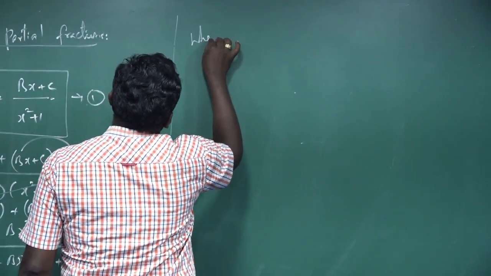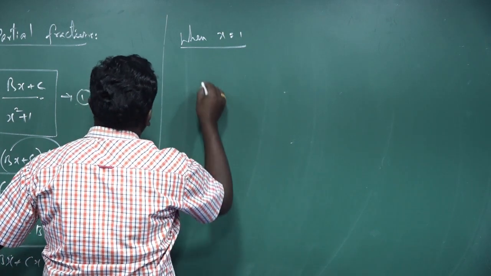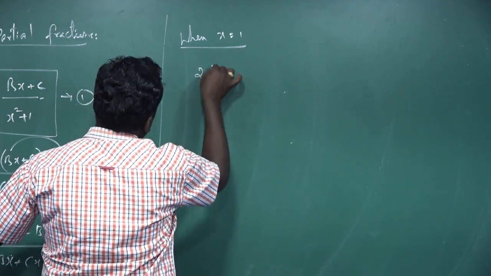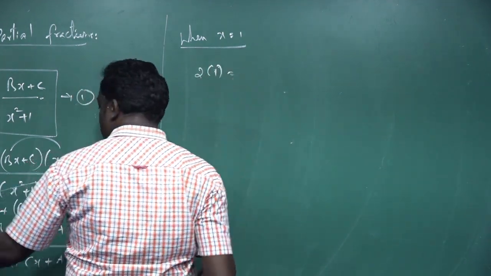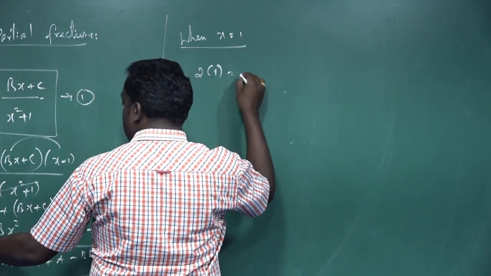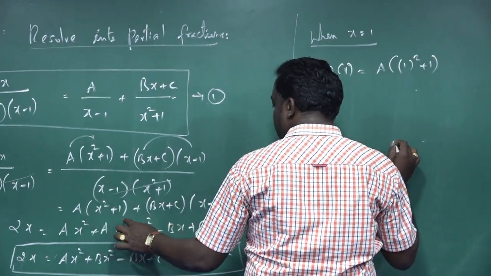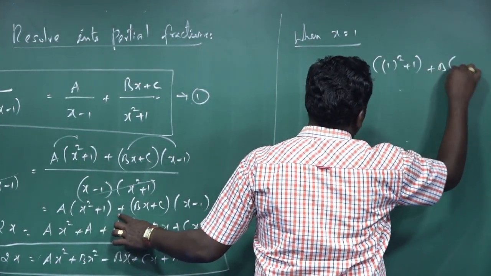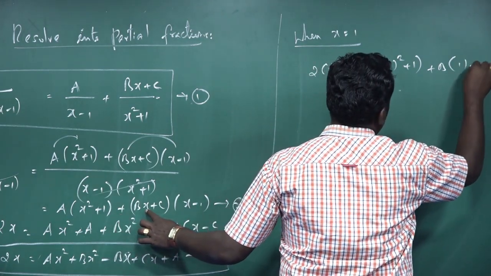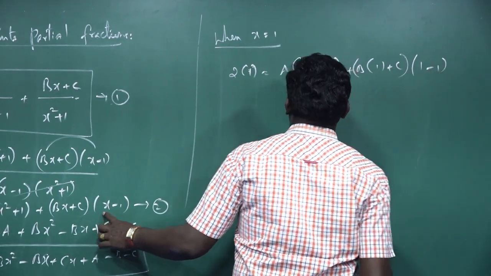Now when x is equal to 1, what is the left hand side? 2x, therefore x value equal to 1, 2 into 1 is equal to, substituting in the second equation, A into 1 whole square plus 1, plus B within the bracket of 1, plus C into 1 minus 1, x value equal to 1.